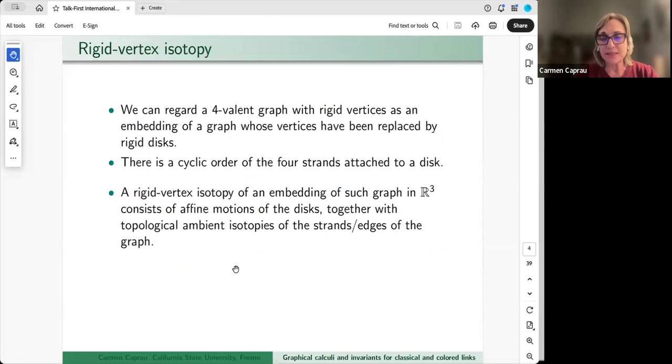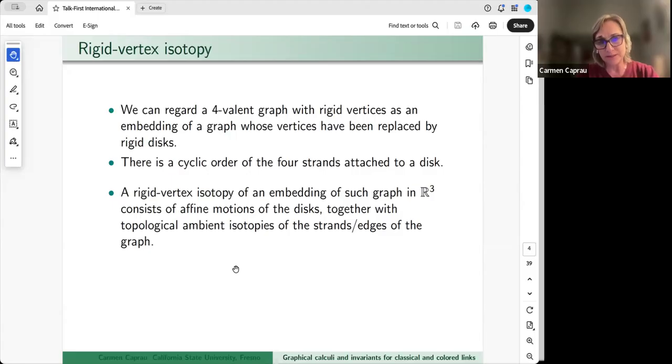When we say that the four-valent graphs have rigid vertices, we think about them as embeddings of those graphs where the vertices are replaced by rigid disks, and each disk has four strands attached to it, and there is a cyclic order of those strands in the neighborhood of each rigid disk, and that cyclic order must be preserved when we apply isotopies for this type of graphs embedded in free space.